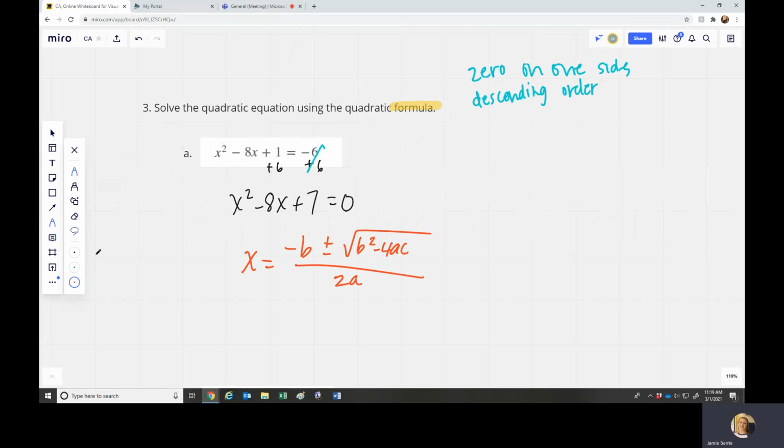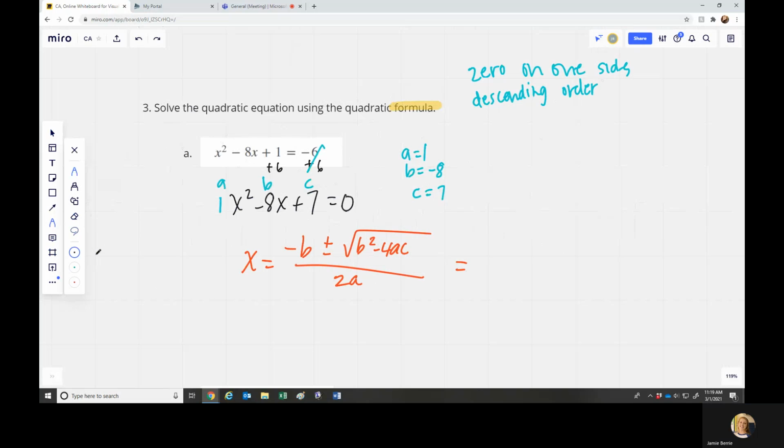All right, so just plug in your numbers. Here we have a is 1, b is negative 8, c is 7. Plug those into your quadratic formula. Negative b would be positive 8, because negative 8 would be positive 8.